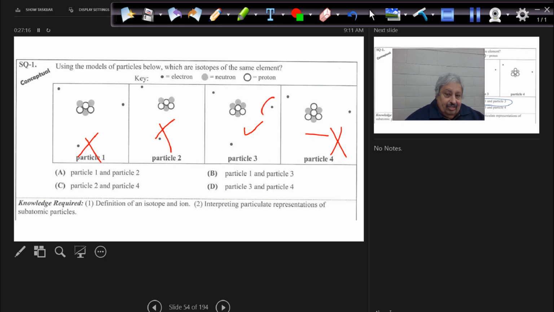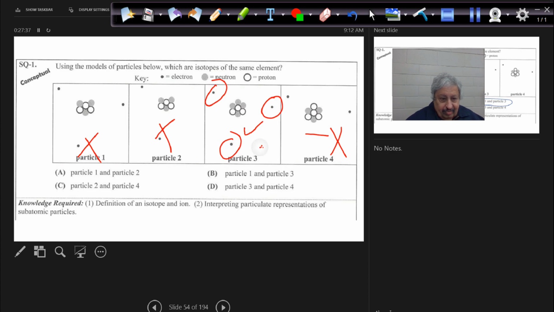And the electrons are outside here. You can see the electrons are outside, so equal to number of what? Of protons. So the answer is particle. This is correct.